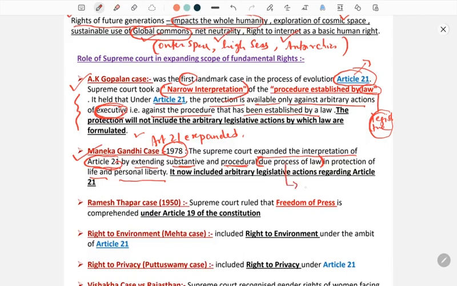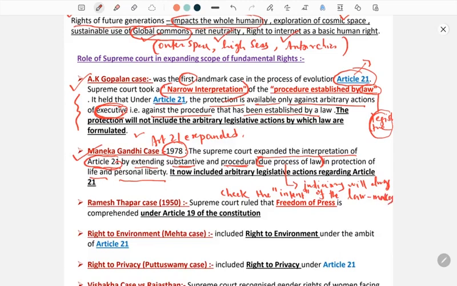Due process of law is, in this doctrine, the judiciary will always check the intent of the lawmakers, of the legislature.